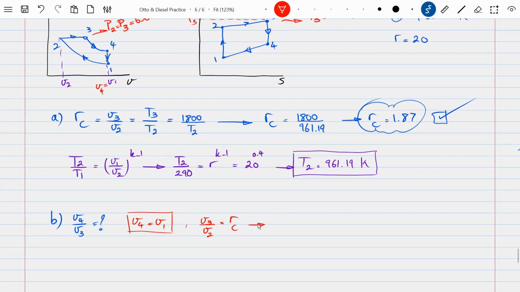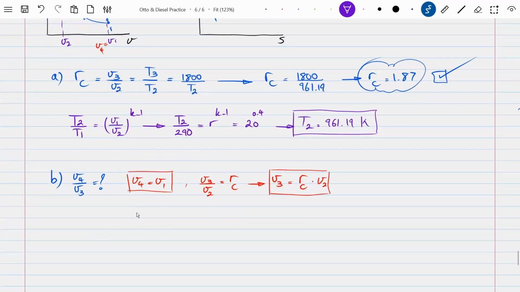So I can make the argument that volume 3 is cutoff ratio times volume 2. Now, the reason I'm playing with these equations is very simple, actually. The ratio of V4 over V3 can now be expressed as V1 over RC V2.